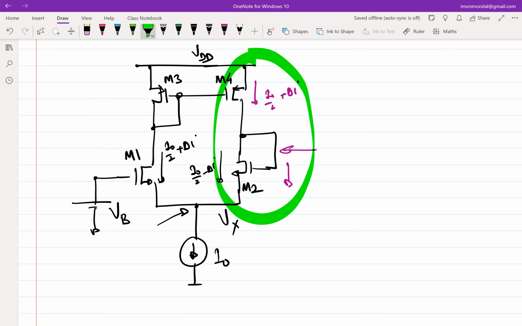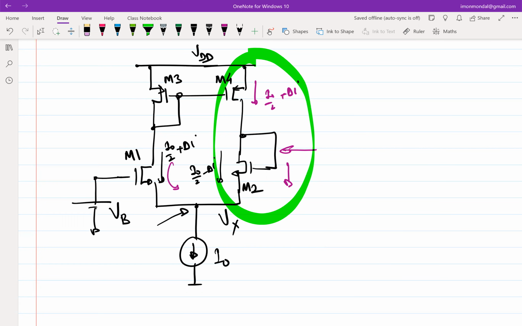The value will not be high because you have another mirror through M3. You understand? This current that is coming out through here is also getting mirrored, so you will not get only the GDS effect.